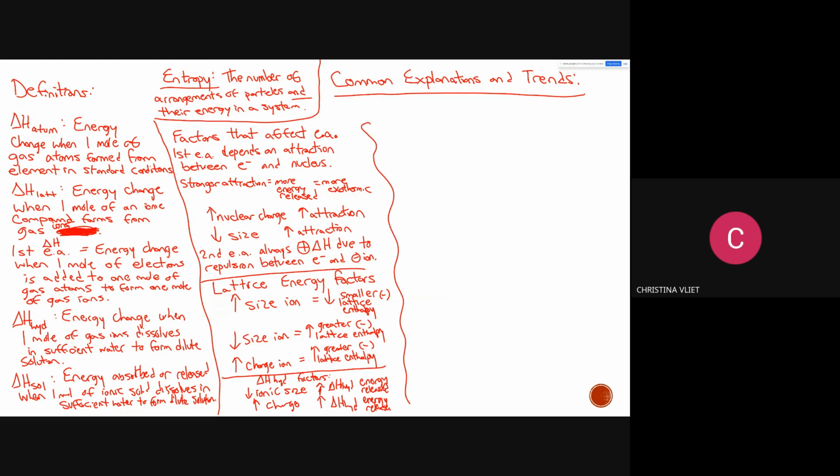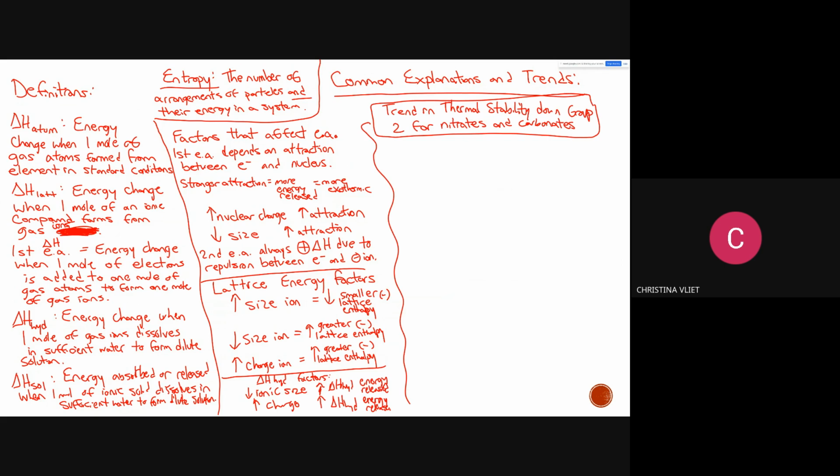Trend in thermal stability down group 2 for nitrates and carbonates. I put a little box around these when I was doing it last night. These are the common explanations.